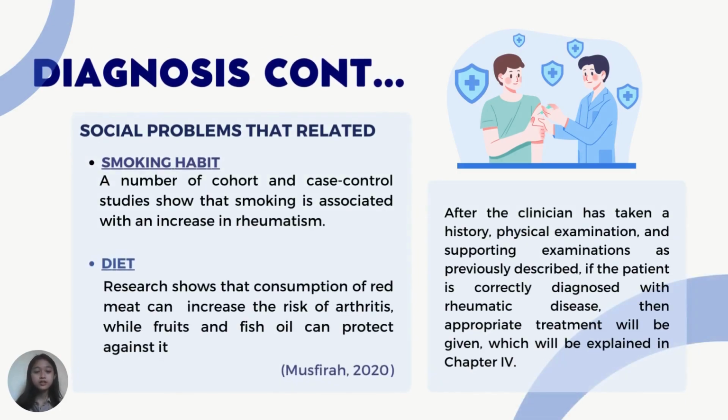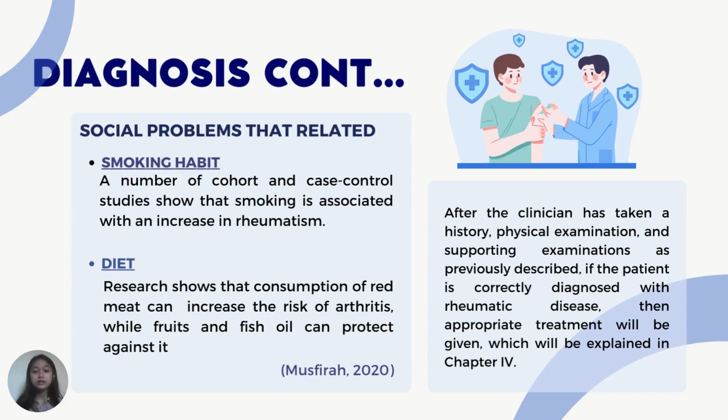Okay, I will continue about the diagnosis. The diagnosis also can be made by looking for social problems related to the disease. There are smoking habit and diet. For smoking habit, a number of cohort and case control studies show that smoking is associated with an increase in rheumatism. For diet, research shows that consumption of red meat can increase the risk of arthritis, while fruit and fish oil can protect against it.